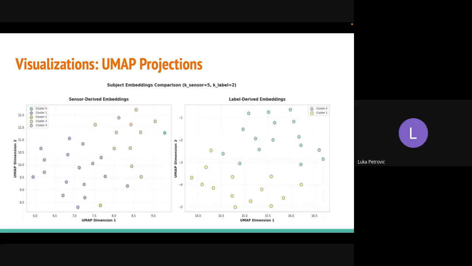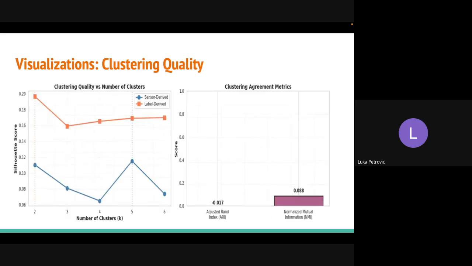And for the label-derived embedding, we can see two good groups. The separation is much cleaner, and we see a better boundary between them. Next slide.